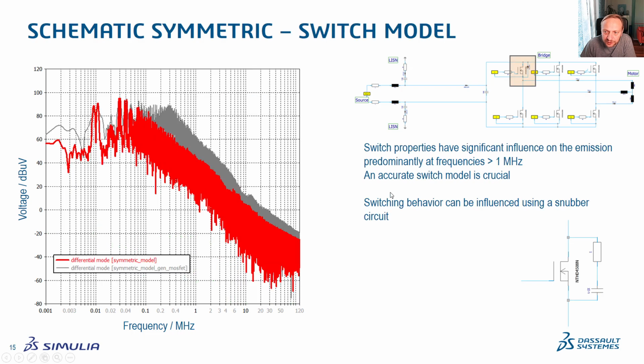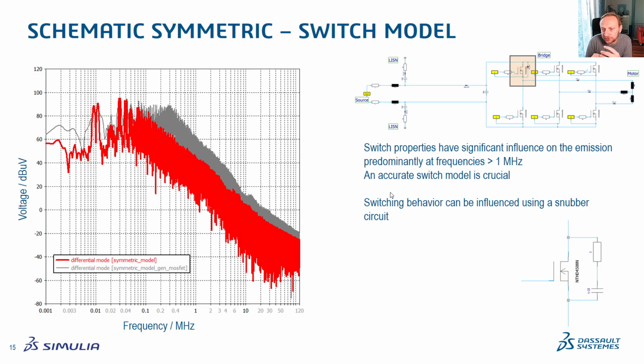So that's clear. Now the first question is, what do we do with the transistors, with the switches? I mentioned the switches are, of course, the main source of the noise. That means depending on the behavior of your switch, your emission might change quite significantly, because a switch is typically not perfect, right? You will use a transistor, let's keep MOSFETs here for this case.